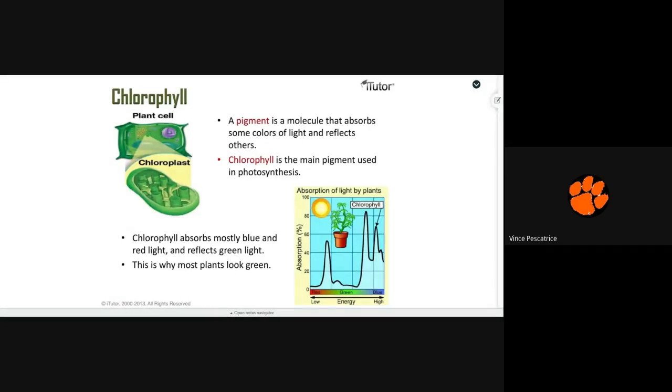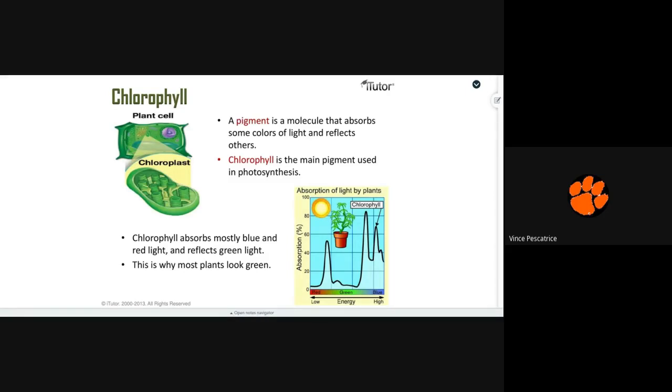A pigment is a molecule that absorbs light of some colors and reflects others. If you were in my physical science class, you should remember, I hope, that some things absorb light and then they reflect out other colors. That's how things get their color.